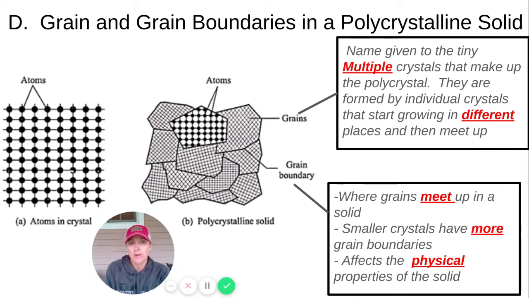Remember, most of what we work with is a polycrystal. It's very hard to grow a single crystal. Polycrystal is much easier to grow. And there's certain language we want to look at here.